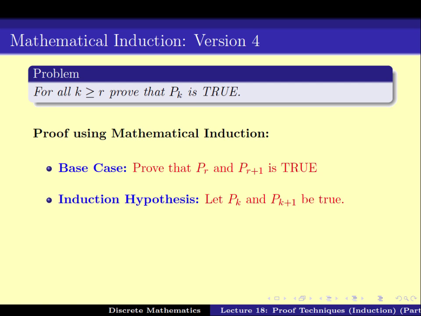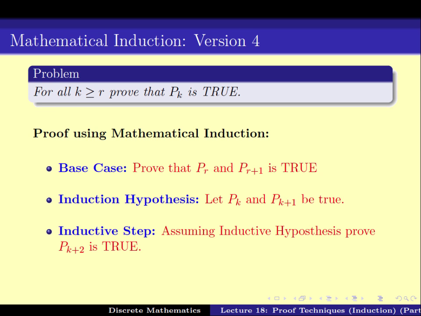The induction hypothesis changes here. Instead of having the hypothesis that Pk is true, we assume that both Pk and Pk plus 1 are true. And using that, can you prove that Pk plus 2 is true? If we can prove that, again that will solve our whole thing.